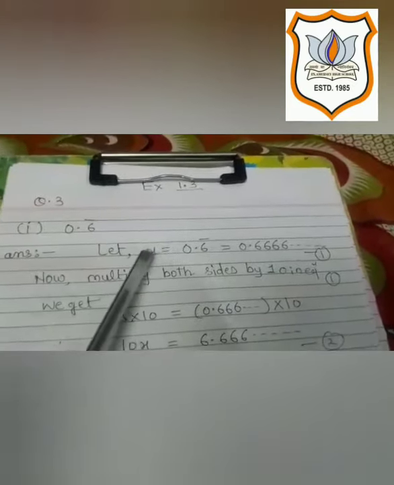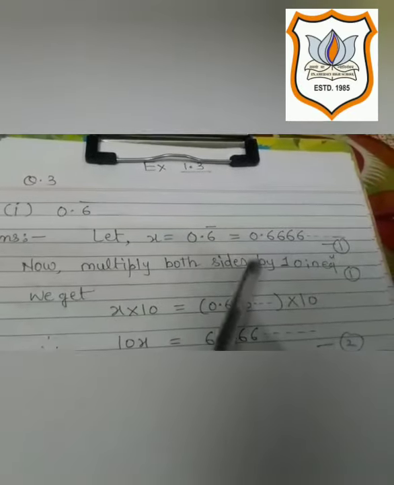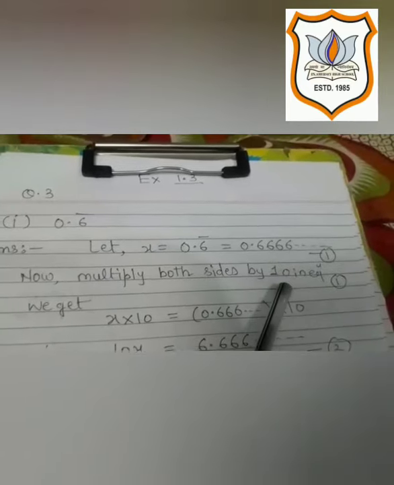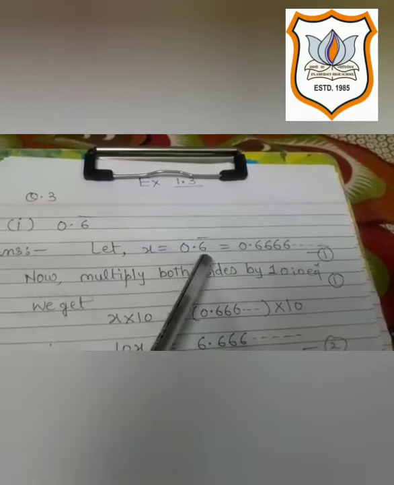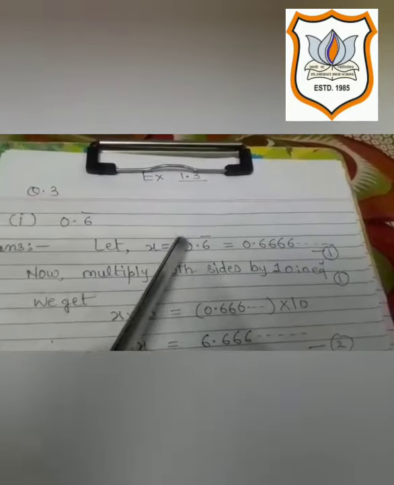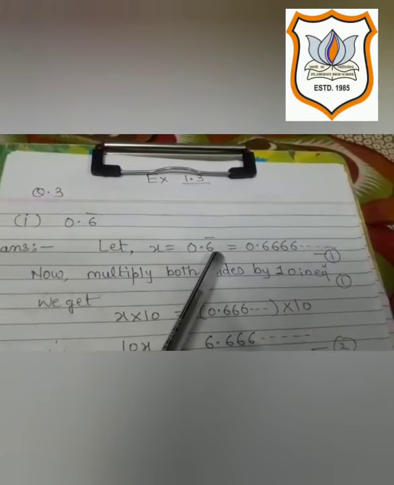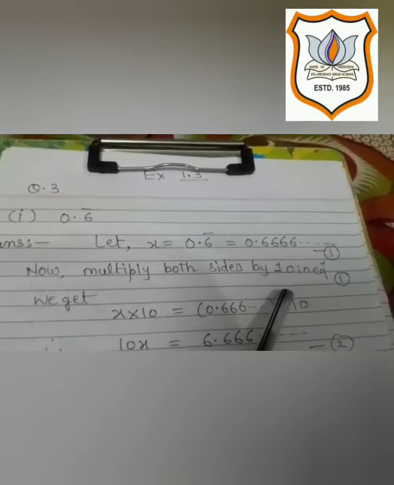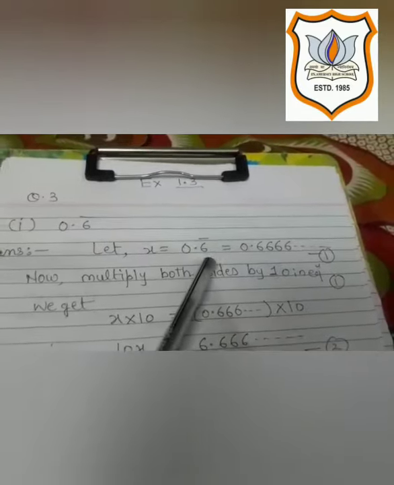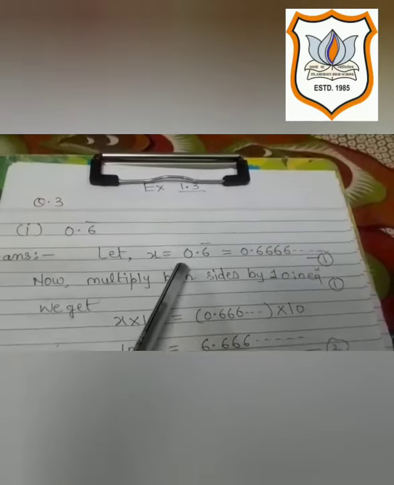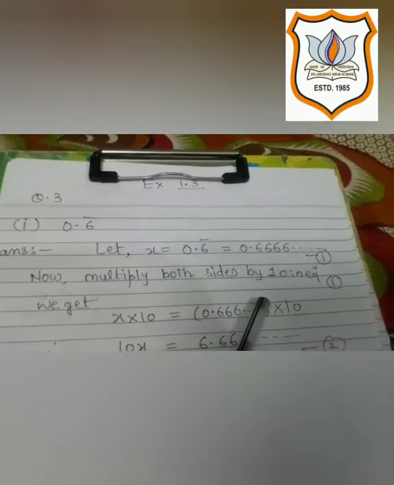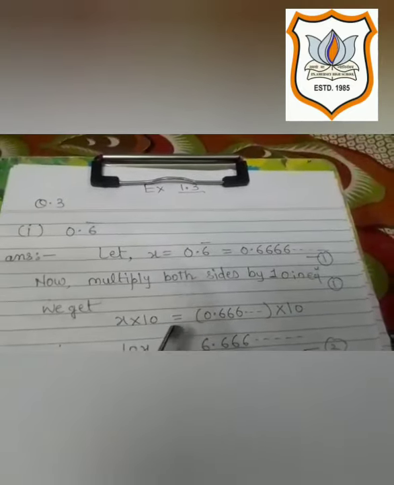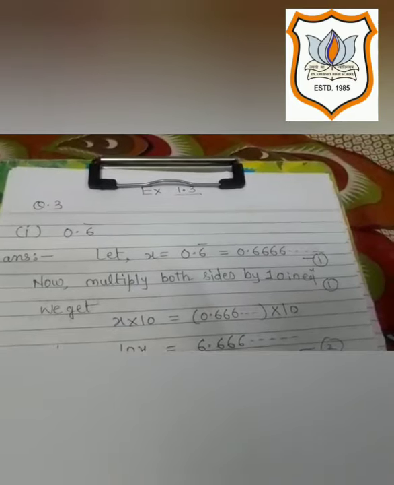Now, in equation number 1, multiply both the sides by 10. Why are we taking 10 for both the sides? Because here there is only one digit in the bar. If there is only one digit in the bar, then we will have to multiply by 10 on both the sides. If there are two digits in the bar, then we will multiply by 100 on both the sides. If there are three digits in the bar, then we will multiply by 1000 on both the sides, and so on.